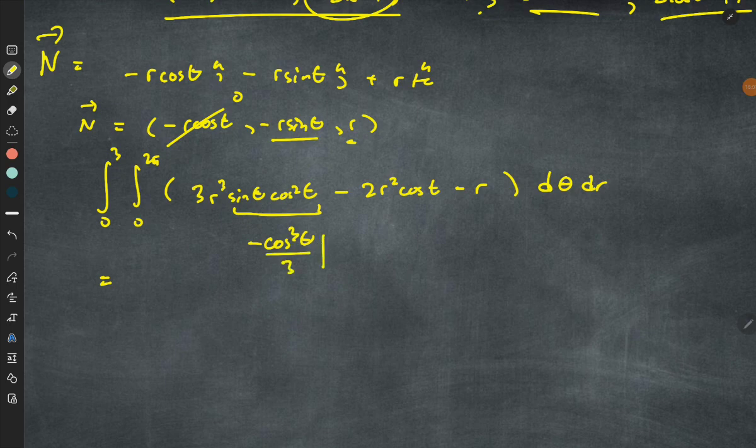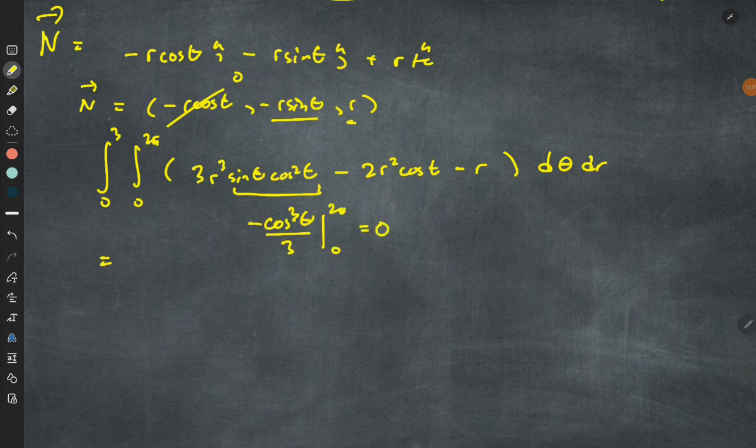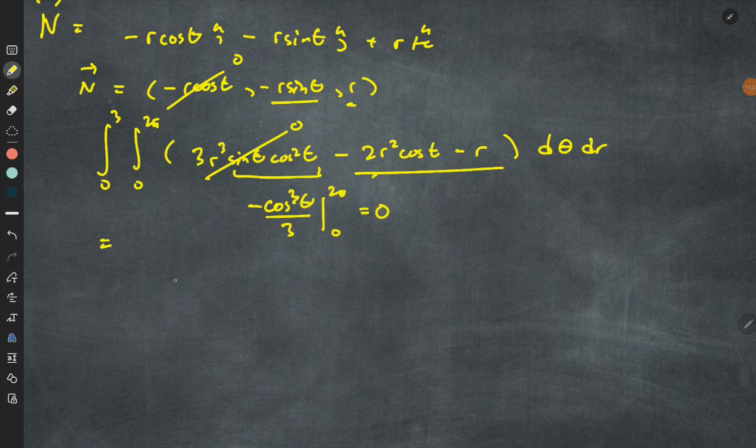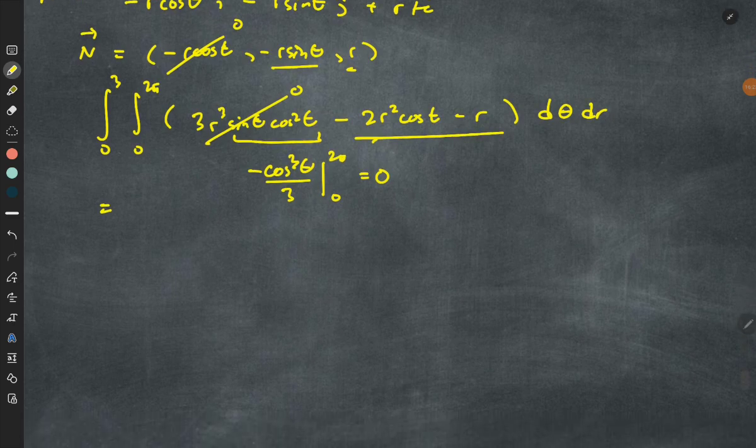This evaluated from 0 to 2 pi is equal to 0, because essentially you're evaluating cos theta at the same value but in a different period, and then subtracting the two. So that's just 0. This cancels out. This doesn't. So let's work on it. Maybe this cancels out, but we'll see.